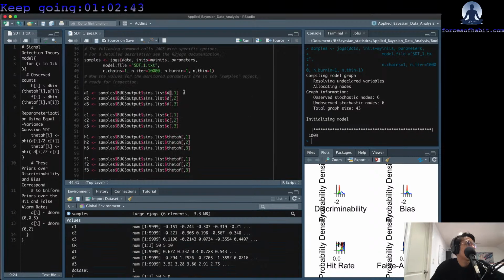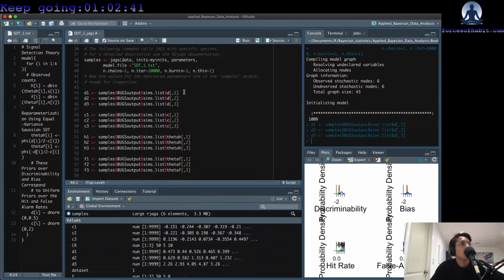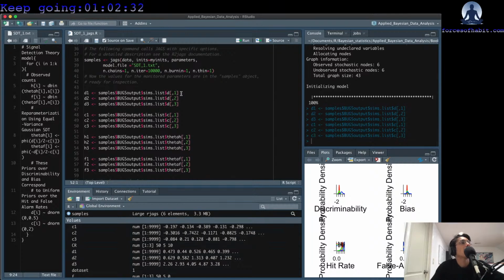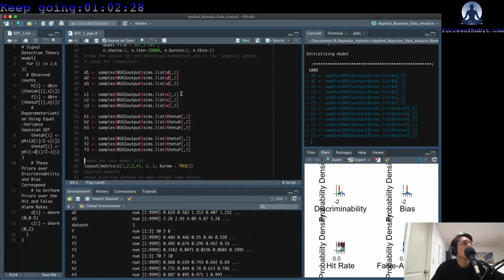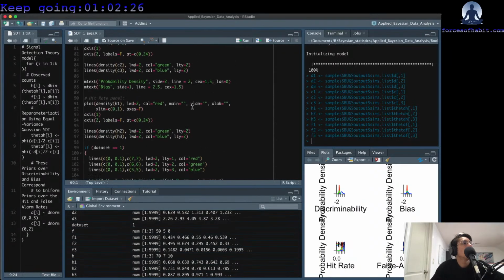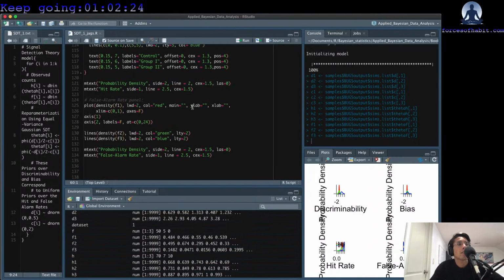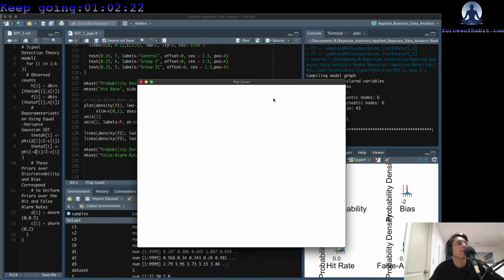And now we just extract D, so this is extracting discriminability from each, extracting bias from each, extracting hit rates and false alarm rates. And then we just plot it all. And that gives us this.